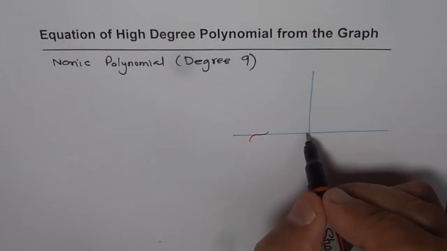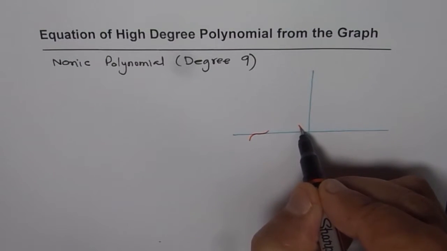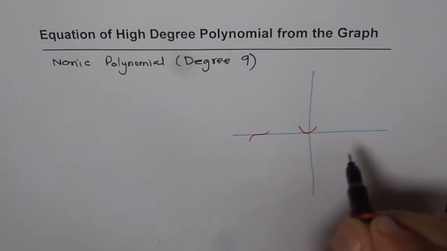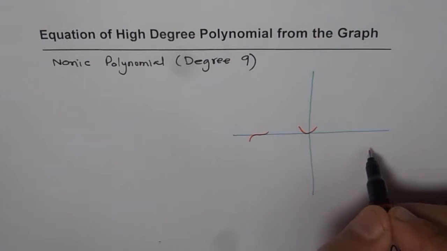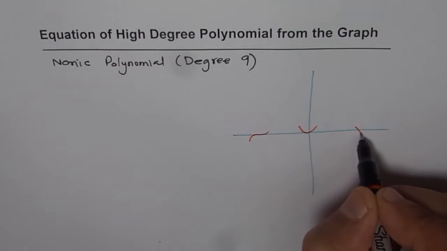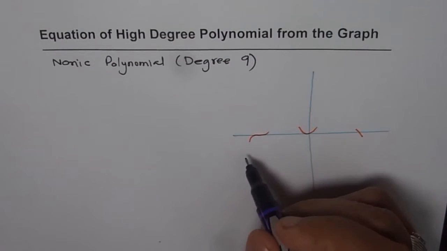And then let me take a zero which goes through the origin like this. And this is a quadratic zero, or you can say an even degree zero, and then we'll take a linear zero, right? So these are different kinds of zeros which we are considering for this particular nonic polynomial.